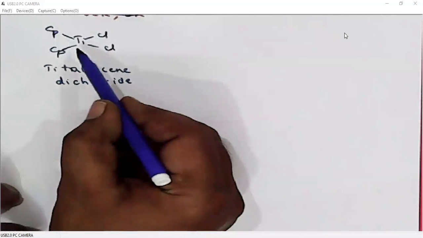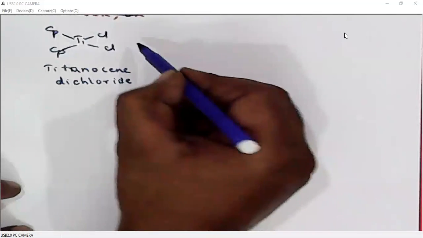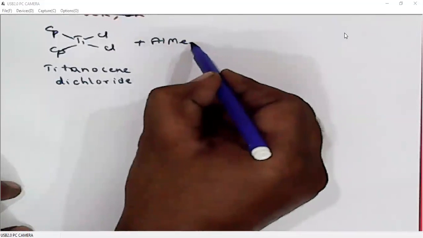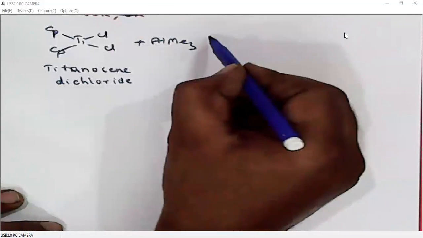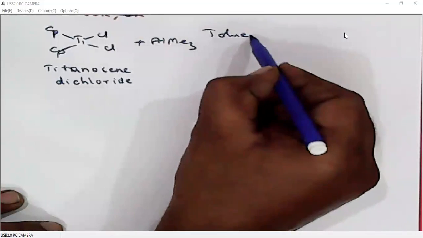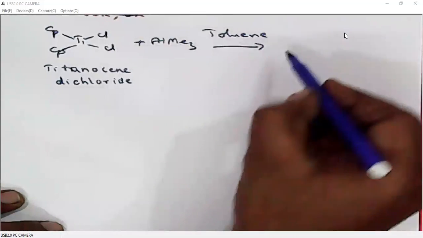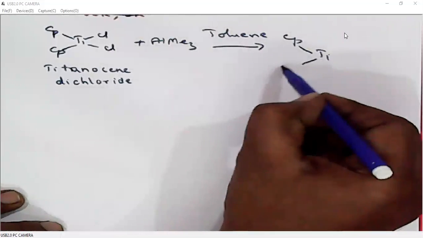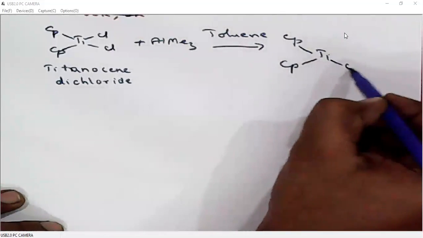So it is titanocene dichloride. When it is treated with trimethyl aluminum, then we will generate our active Tebbe catalyst.